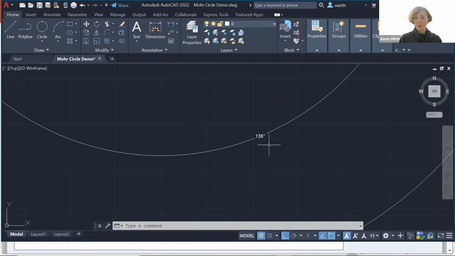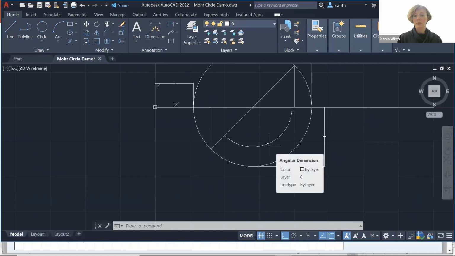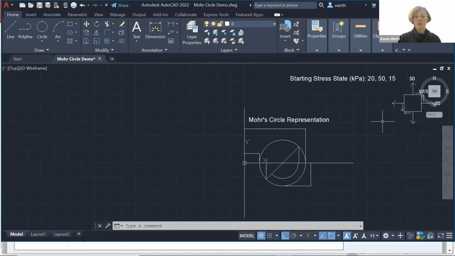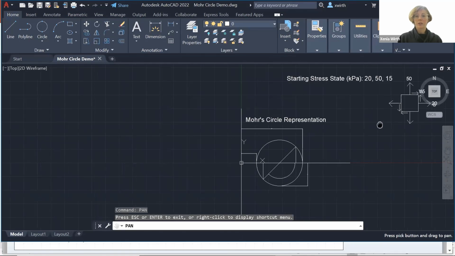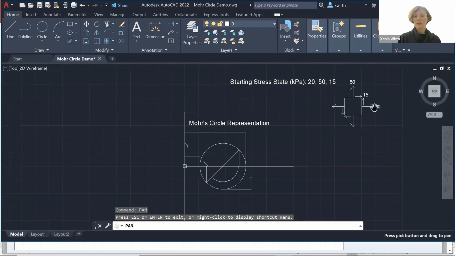That is not the angle that I found using the plane stress transformation equations, because in my initial stress state here, you can see that sigma x and sigma y are 90 degrees from each other. However, when this stress state is represented on Mohr's circle, sigma x is here, sigma y is here, and these are now 180 degrees from each other.